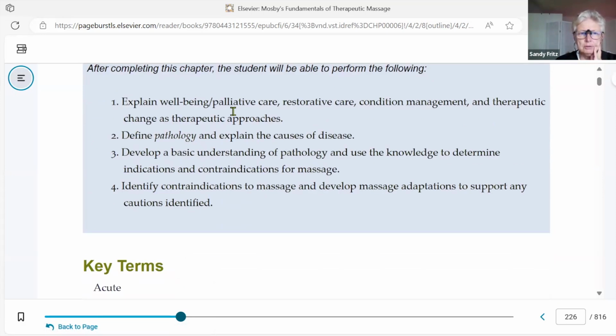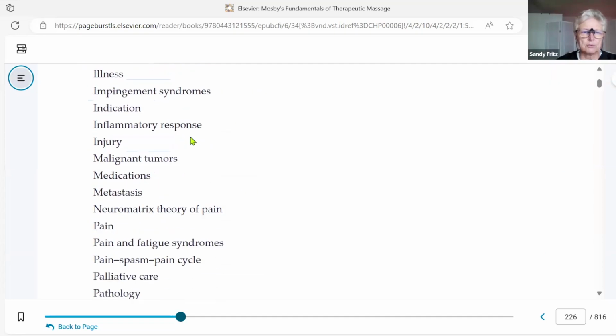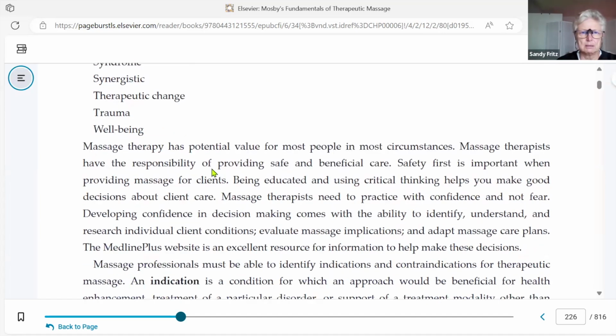All right, you know the drill with the chapter objectives. Can you discuss these? If not, or you stumble over it a little bit, then you need to back up and review. Key terms. This is the language you need to be able to recognize, read, and speak.